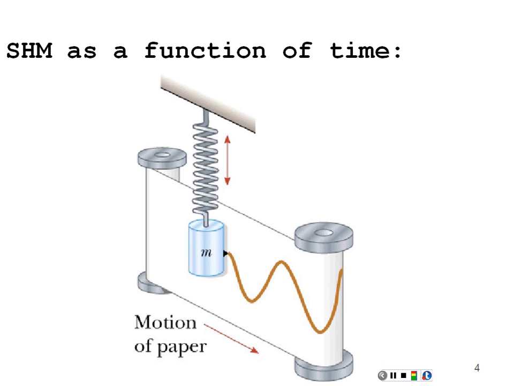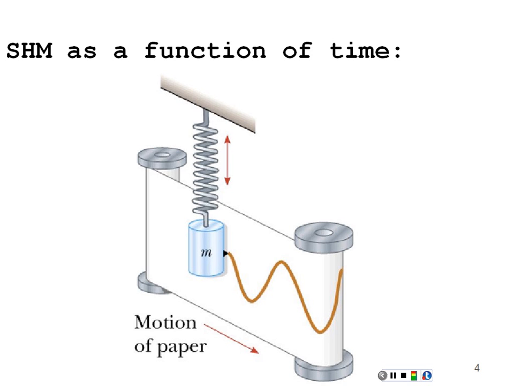If I were to look at this motion as a function of time, say if I had this mass on a spring, and if I had a chart going by in a continuous way, so I could see this motion as a function of time, I would chart out a sinusoidal wave.